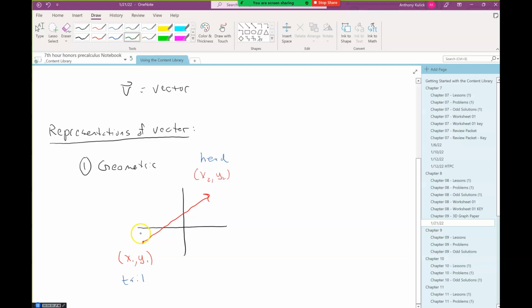At the head, we typically draw an arrowhead to represent a direction. So when we look at a vector geometrically, the length is the magnitude. And if we imagine a little imaginary xy axis at the tail, our standard form angle would be the direction.